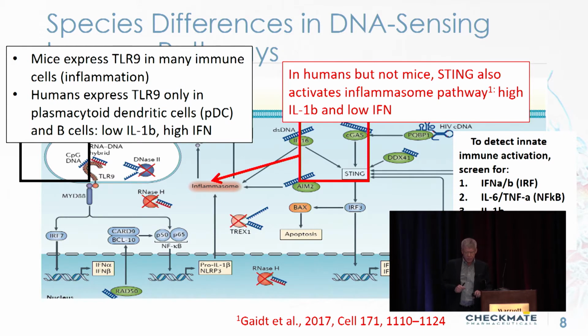The pathways in B cells and PDCs are a little bit different, and the PDCs are fragile cells. So when you're screening for the immune effects, if you use frozen PBMCs, for example, PDCs don't tend to survive that, and so you won't get activation of those cells.